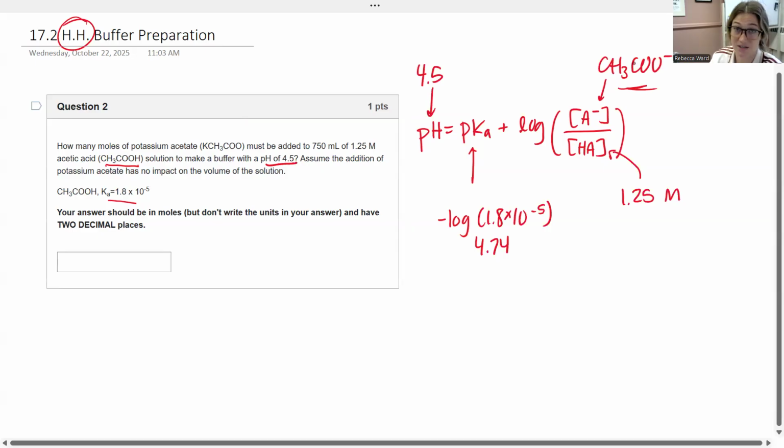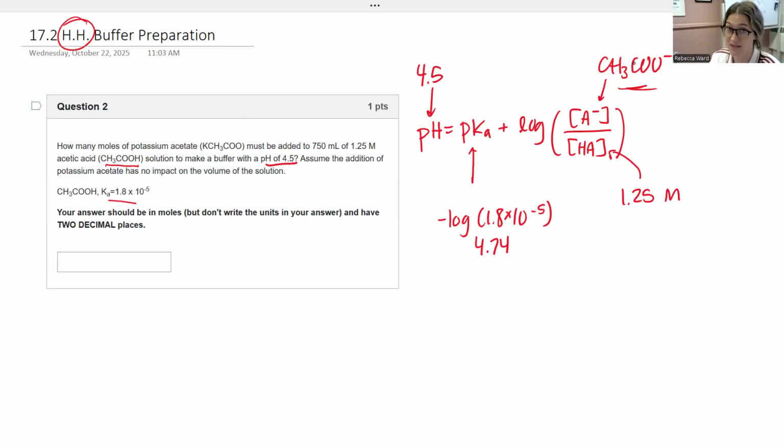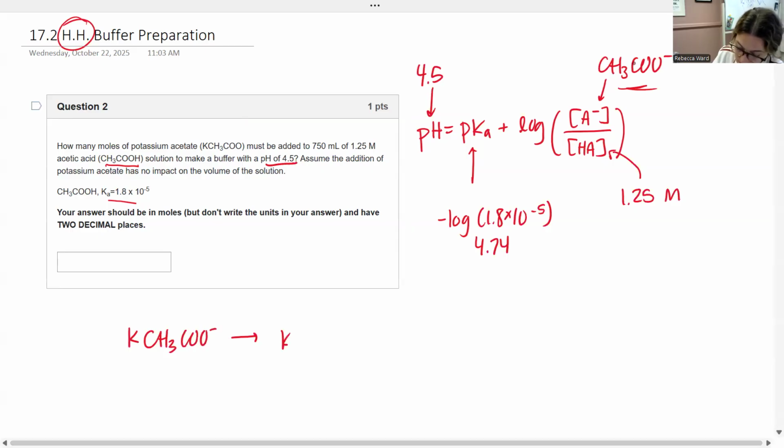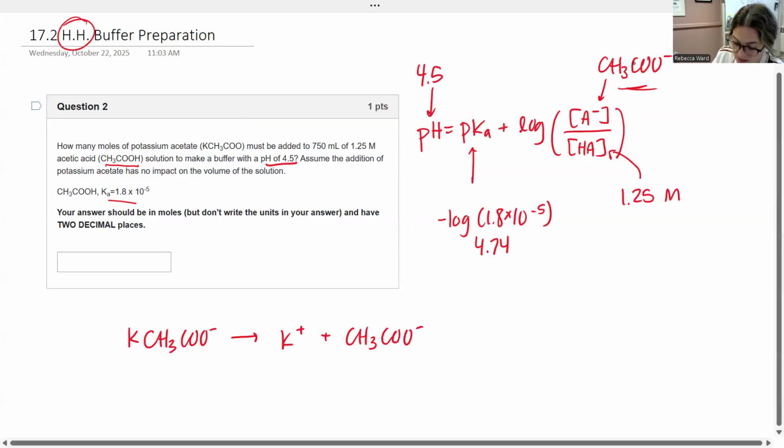And just as a reminder, I can't just add in this. I have to add it in as a salt. You can't have an anion sitting with a bunch of other anions. It has to have a cation paired with it. So it's a salt, potassium acetate. When you read that, remember that if it's going to dissolve, which it does, it goes in as K plus and CH3COO minus.